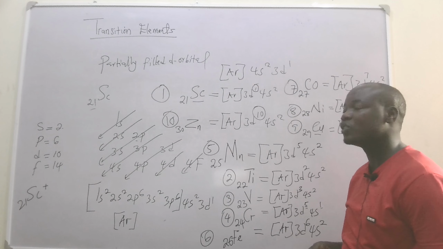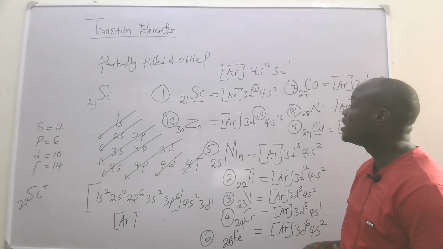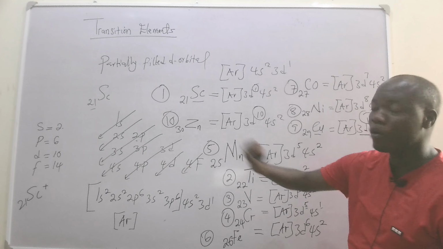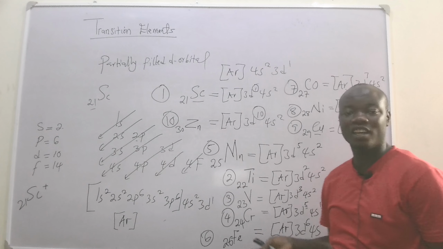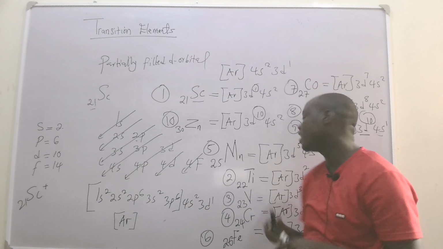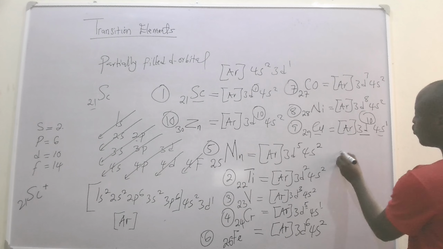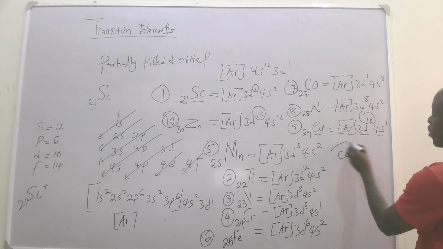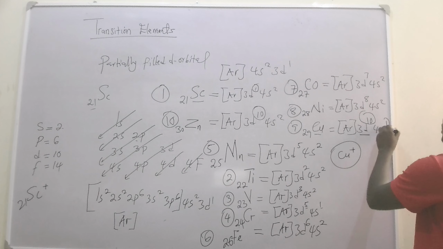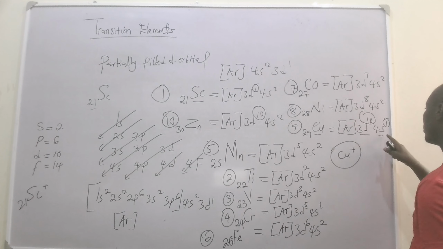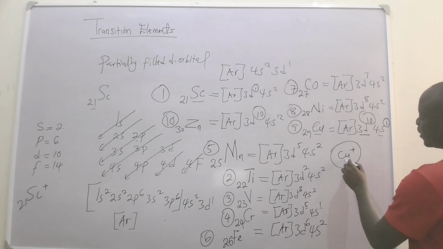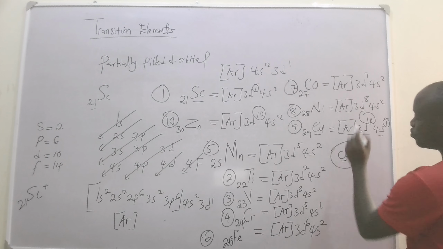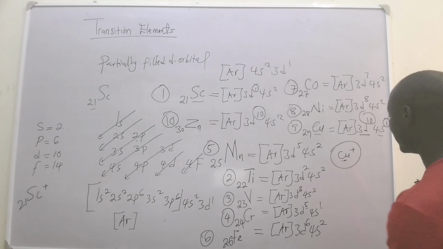Because there is no electron in 3d, you cannot consider scandium 3 plus as a transition element. Also in the case of copper 1 plus, only one electron is lost from 4s, and that is why copper 1 plus can be considered a transition element.